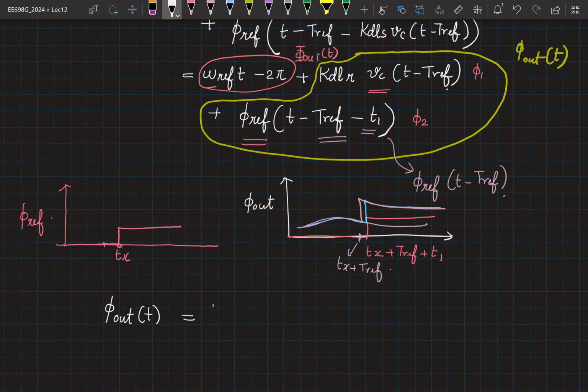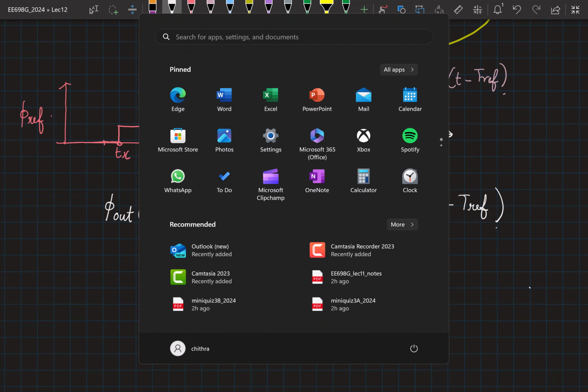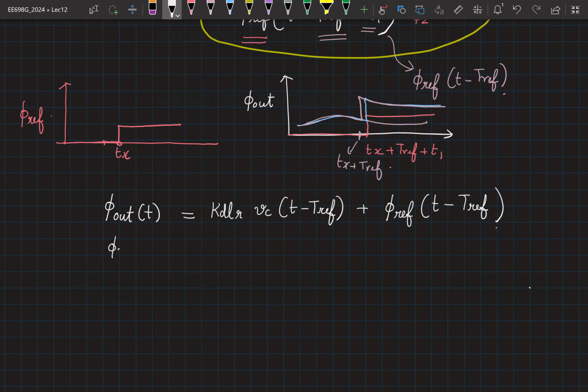This is equal to some KDL R into Vc of t minus Tref plus a small signal phi ref, which is also delayed by Tref. Let's quickly take the Laplace of this. So phi out of S is equal to KDL R is a constant.